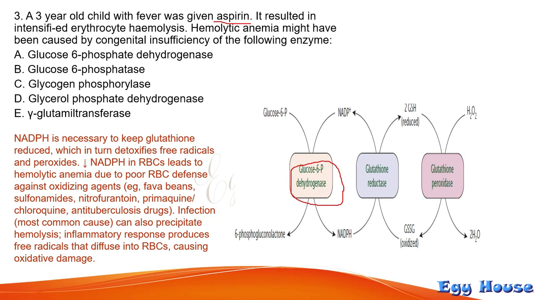So as you can see here, decreased NADPH in RBCs leads to hemolytic anemia. As the beginning of this chain, we find this enzyme as the main producer of NADPH.